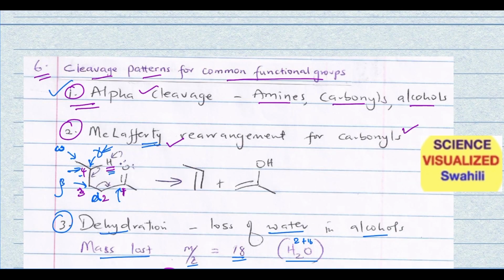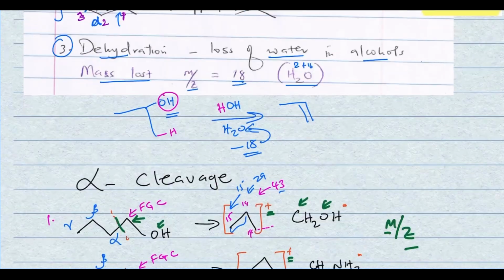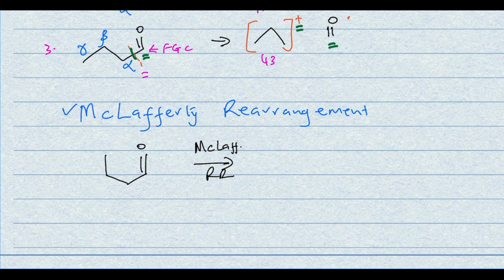We're done with that. Now let's focus on McLafferty rearrangement. For McLafferty rearrangement, we're going to look at the carbon positions. Remember, we have alpha, beta, and gamma. If the gamma carbon has hydrogen, in this case this is a CH2 group, so we have 2 hydrogens, we're going to only show 1, then that can go through a McLafferty rearrangement.